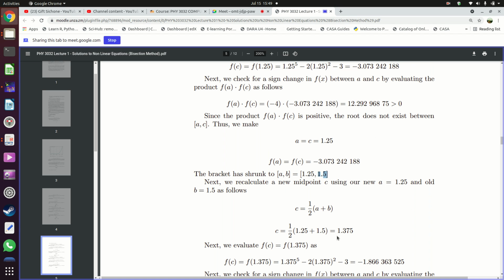It's clear. Now, you notice that you're making progress, but you are making the progress very slowly. And that is one of the handicaps of bisection. If we keep on doing this, we will get the answer eventually, yes, but we're going to get to the answer very, very slowly. Is that clear? Very clear, sir.